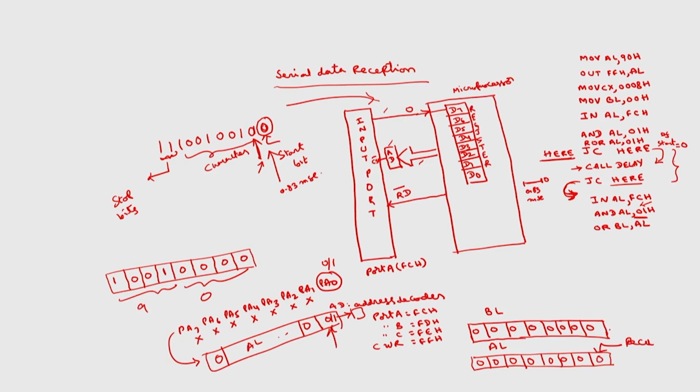If I OR these two, the contents of BL become, the first 7 bits 000, which I will not consider, and this bit will be whatever the bit of this one is, transferred. 0 ORed with 0 gives 0 only; if this is 1, 1 ORed with 1 will be 1. So, simply the last bit of BL becomes the first received bit. In our present case this is 0, so the first bit received will be 0 here.